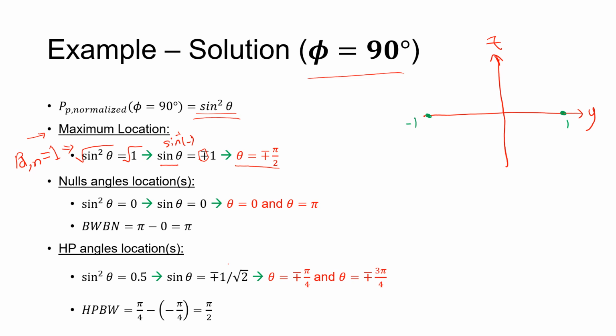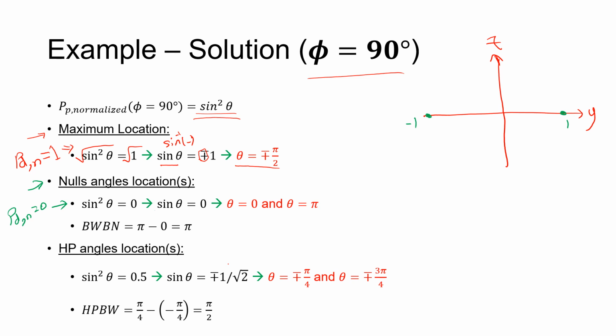Then we will go to calculate the nulls here. So what is a null? A null means the power radiated is equal to 0 at this specific point, or the power density is equal to 0. So simply, here we got the normalized power and equated it to 0, and then followed similar steps: take the root and take the inverse sine.